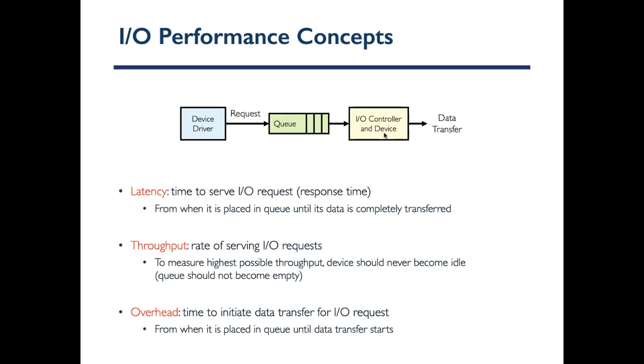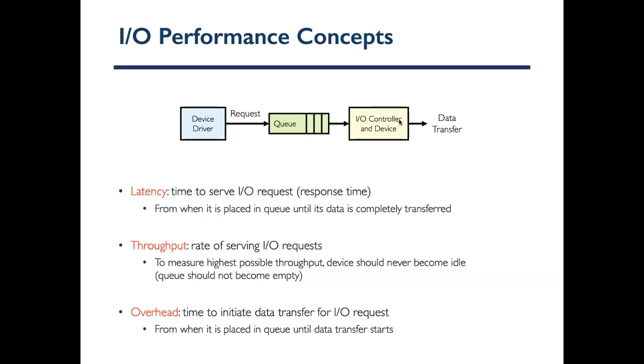Got another question. So where is the queue? Good question. As I mentioned, this is a simplified version. You could assume that there is only one queue in the memory that the device driver is putting the requests in, and then the I/O controller is just reading from that queue in the memory to see what requests you have.